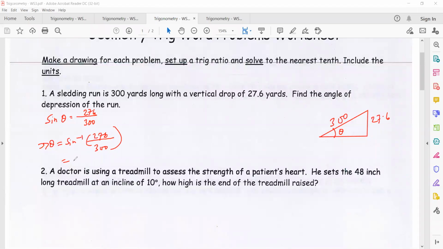Now the answer is sine inverse 27.6 divided by 300. Oh no, sorry, 27.6. What am I writing? 27.6.